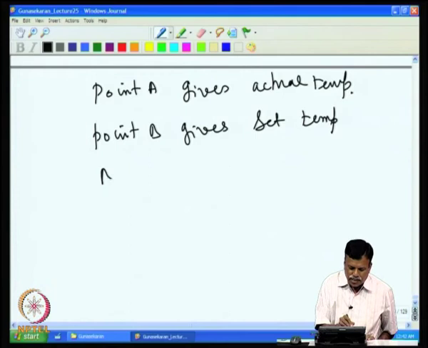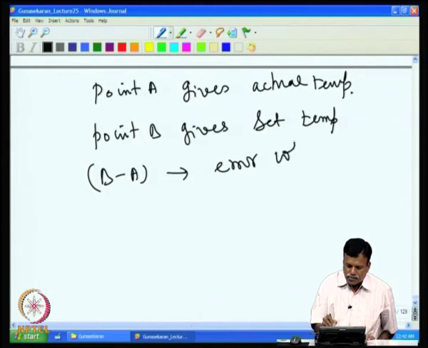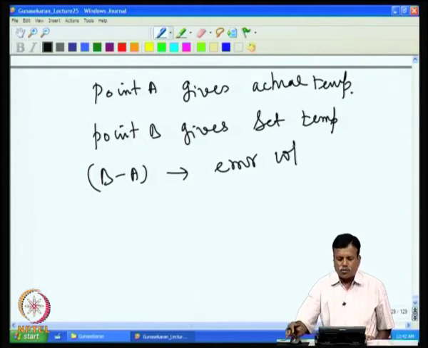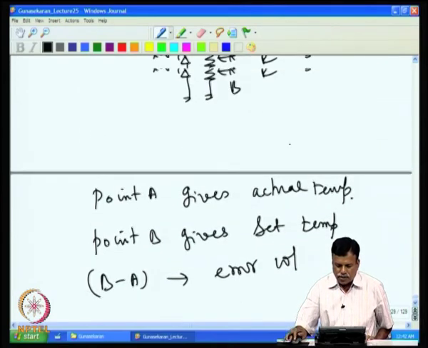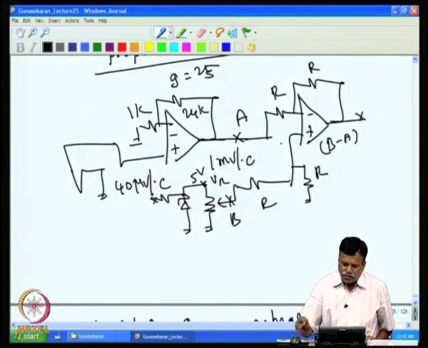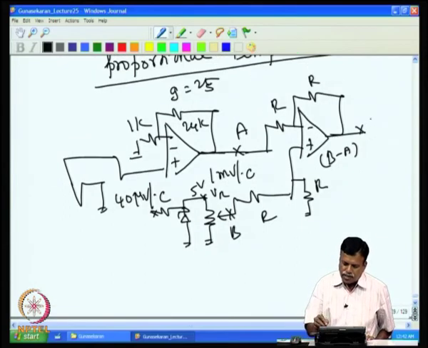B minus A is the error voltage. There is a difference between the two, the difference between the set value and the actual temperature, coming as error voltage. This error voltage is amplified and given to the heater to make it a controller.